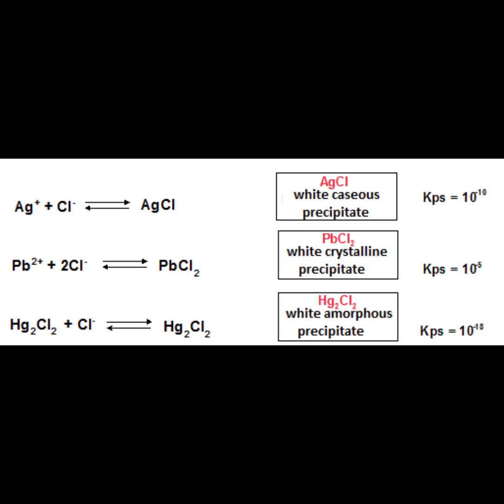We must also ensure a quantitative precipitation. Since we are performing a semi-micro analysis, suppose you have a solution with a concentration of Ag+ equal to 10^-2 M. The precipitation of AgCl is quantitative when Ag+ reaches 10^-5 M, a non-detectable concentration for this analysis.